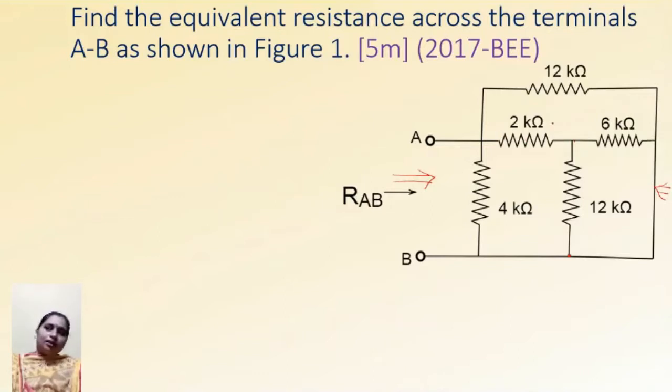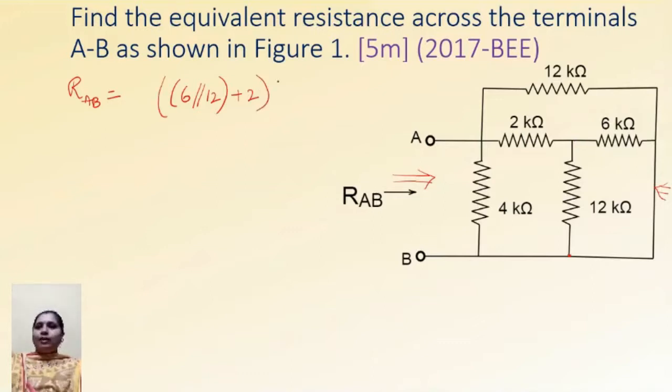So that series combination is again in parallel with 12 kilo ohm, and that combination is in parallel with 4 kilo ohm. So first of all, let us write down how it is connected, from the back side of the network. Let us take kilo as common, so I'm directly writing 6 is in parallel with 12, and that is in series with 2, and this is in parallel with 12, and that is again in parallel with 4.